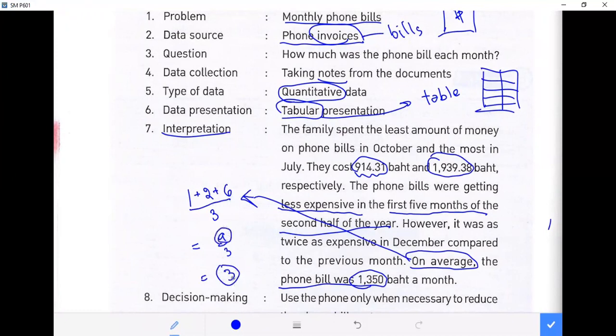But if you want to use the same amount every day, the average will tell you that if you use 3 baht, 3 baht, 3 baht every day, you will spend 9 baht too. So average is the same money that you're going to spend every day.